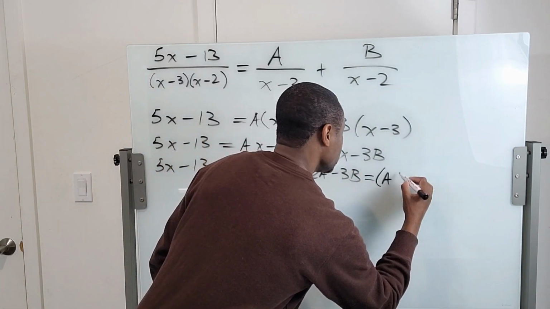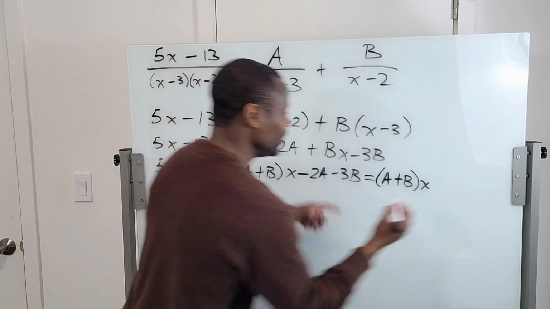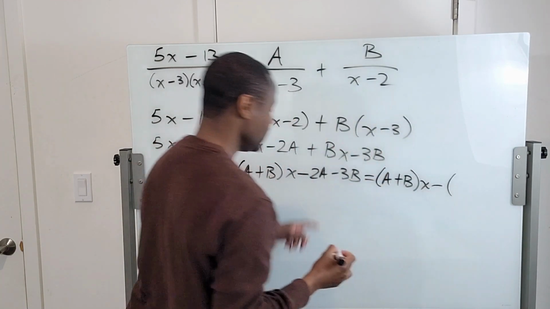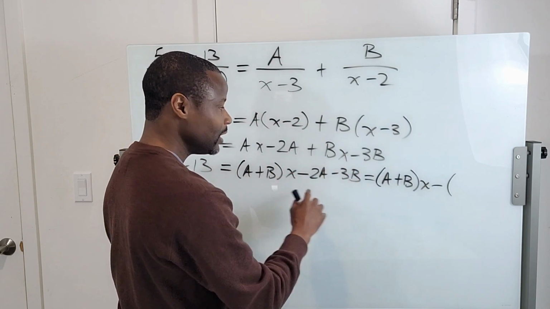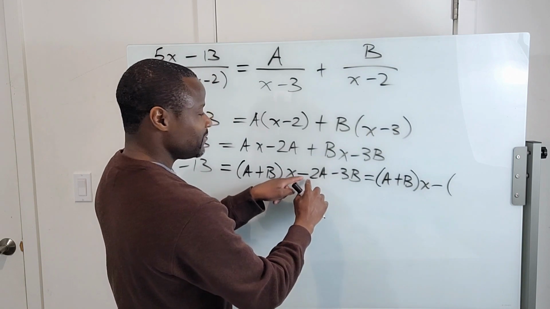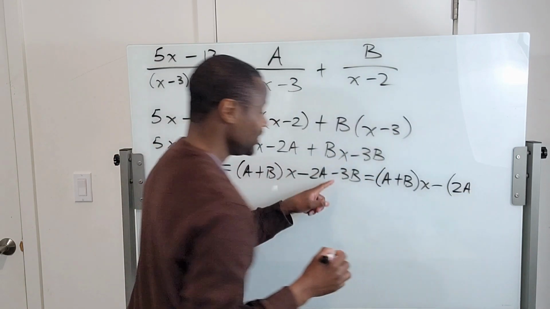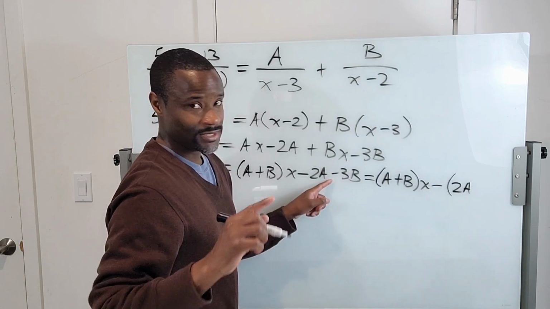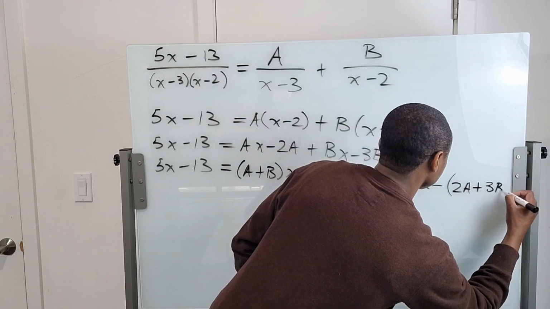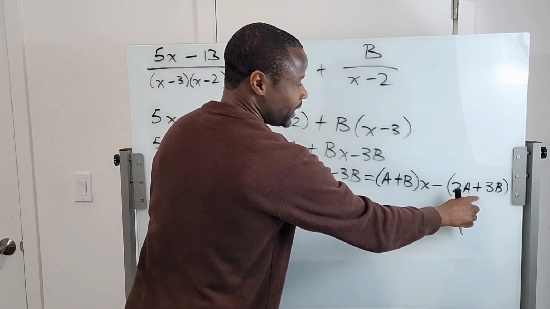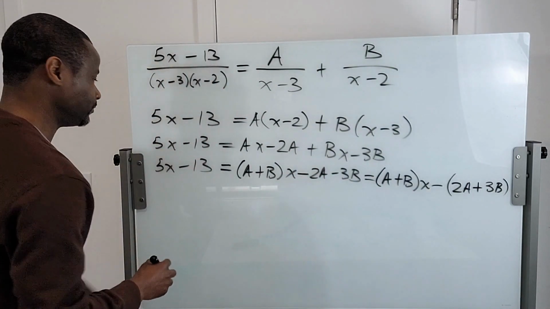So that's going to be A plus B times quantity x minus, we want just one minus one thing. So how can I have minus something? Well, the only way to do that is if I were to factor out a minus, I'm going to be left with a 2A here. Keep in mind, this is going to be a plus, not a minus, plus 3B. If I left this to be a minus and I distribute it, this becomes a plus. So we have to be careful.